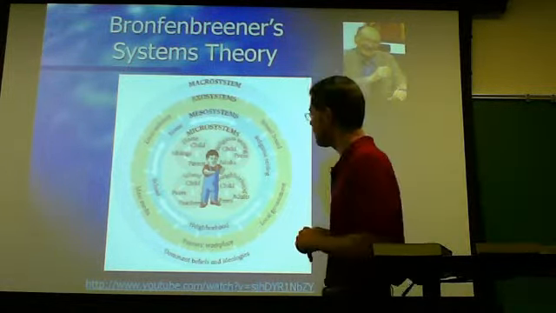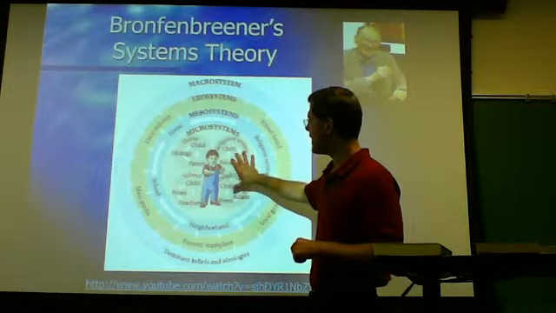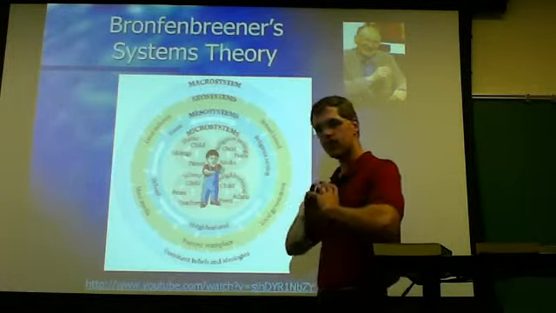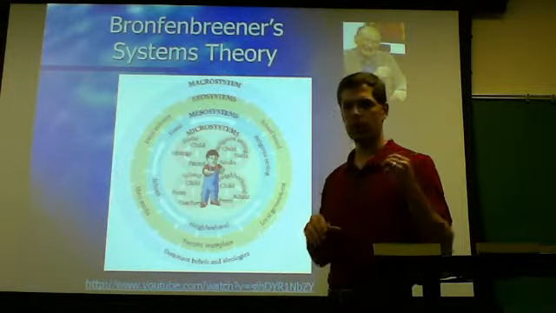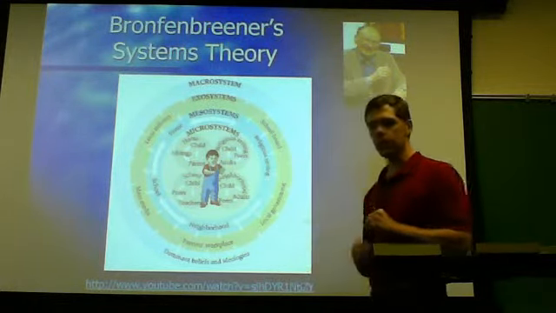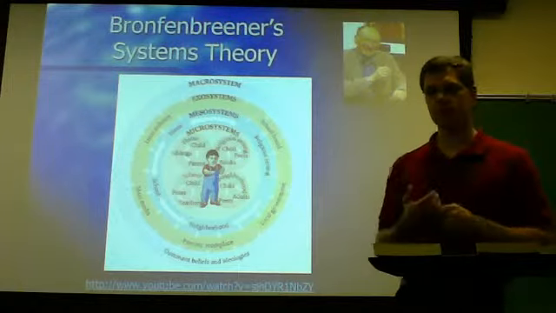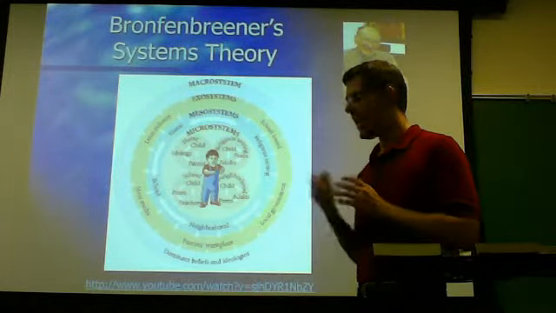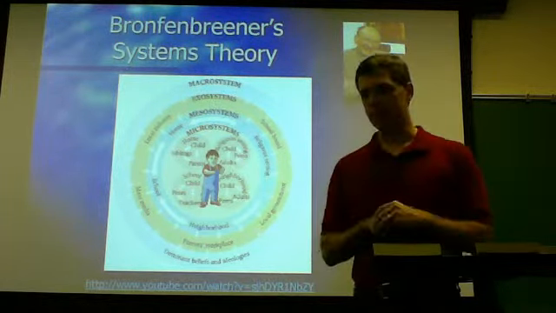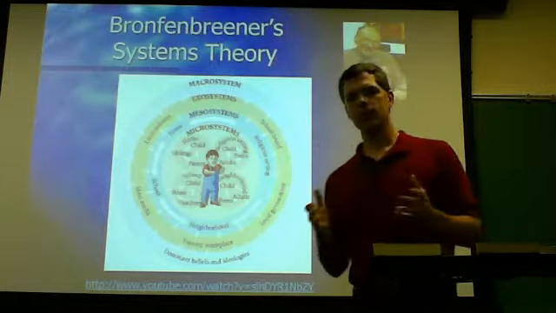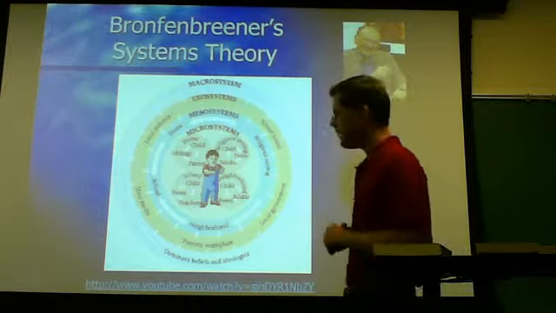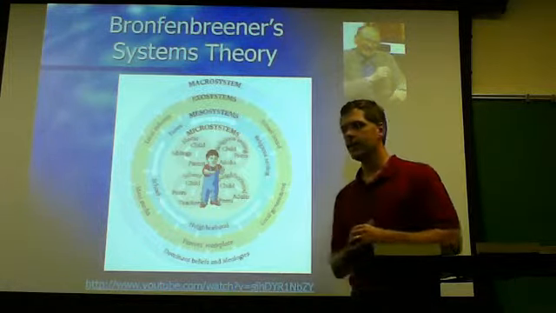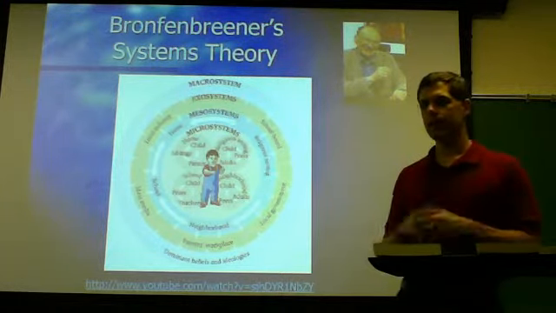Let's talk about this, though. So the microsystem is the closest group of people who influence us. These are our parents, our teachers, our daycare workers, siblings, friends. They have the most immediate impact on us. But what impacts those people? Well, family members may be impacted by the neighborhood.